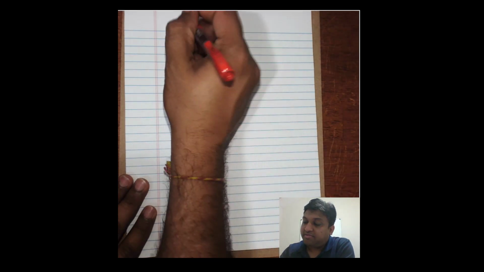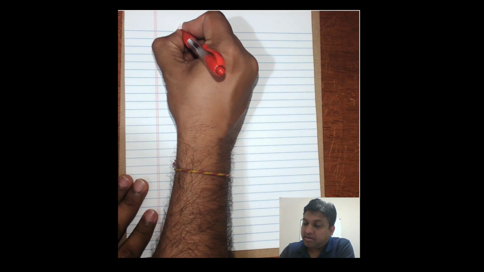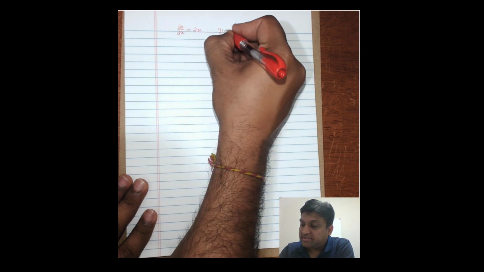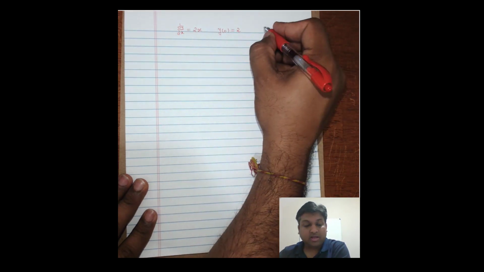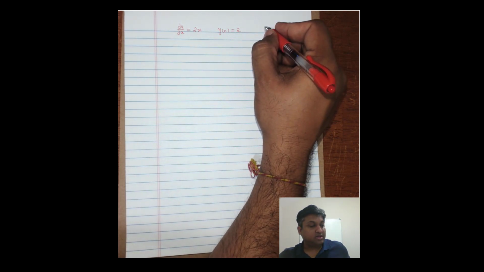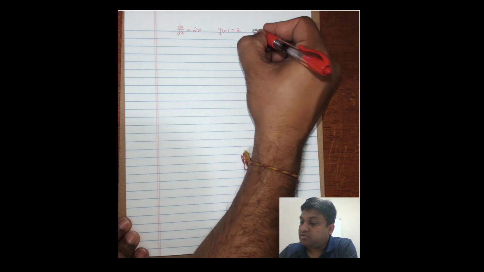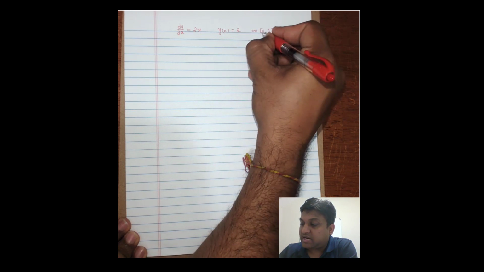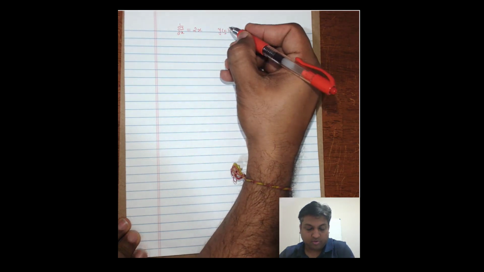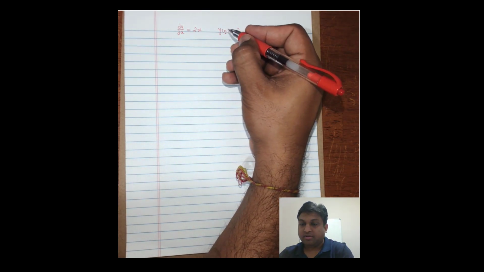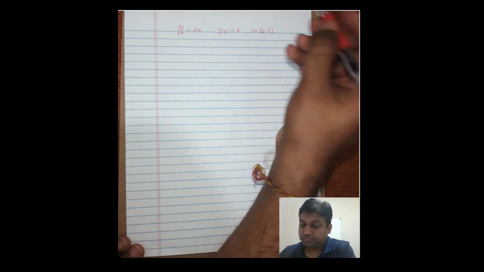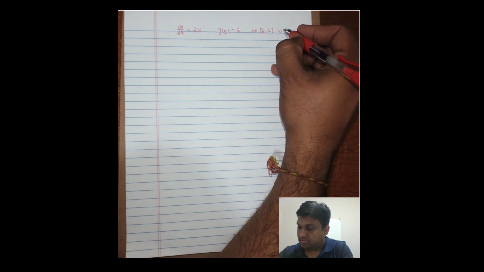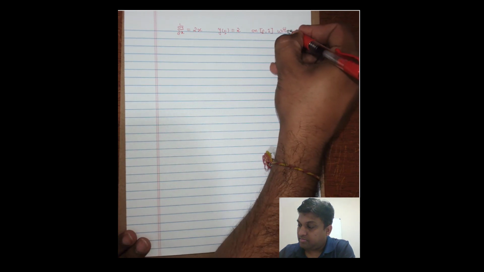Here is our differential equation, dy/dx = 2x, y(0) = 2, and I already mentioned that I'm looking for the solution on the interval 0 to 1, where it starts with that initial point, and you want n to be 5.